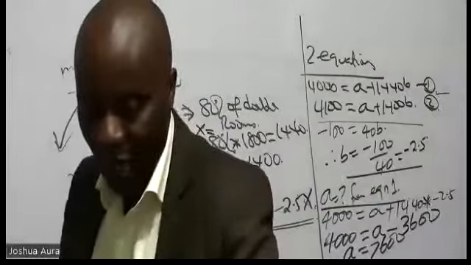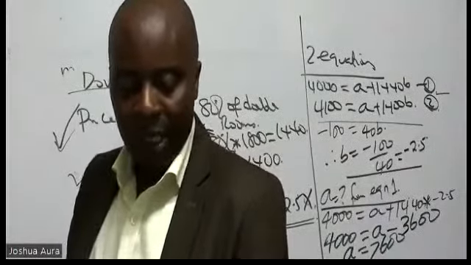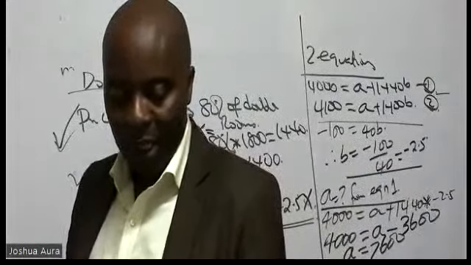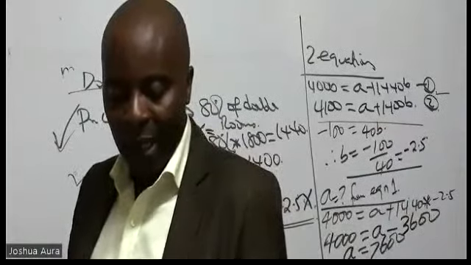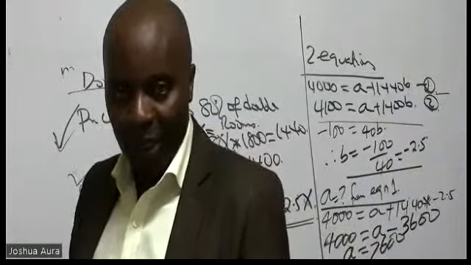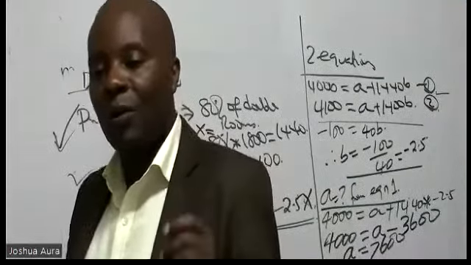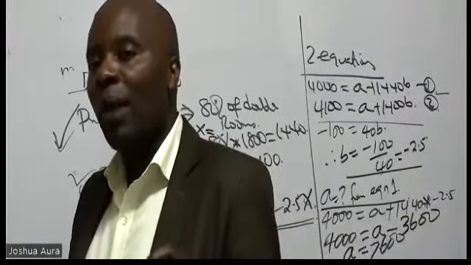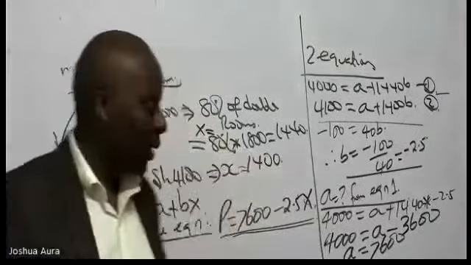Remember what this examiner wanted us to ascertain is the fees, which is the price that should be charged per double room per night in order to maximize profit during the tournament. And remember, at profit maximum, marginal revenue should be equal to marginal cost.